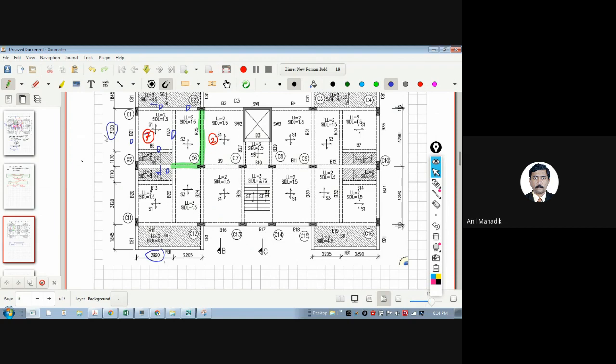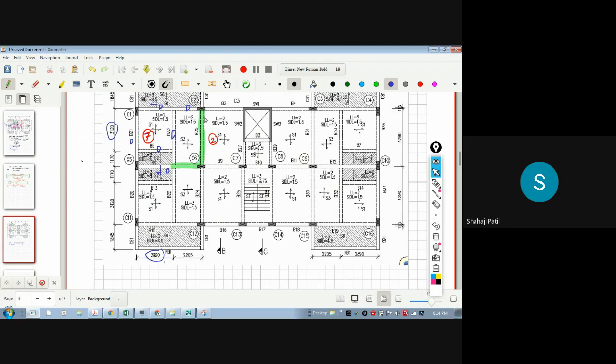Assuming continuity, you should be 100% sure that it is continuous. In this case, I'm not sure that within this zone I can continue the steel. So it is a partial continuity, half slab and half is different. So in that case, safer approach is to assume the discontinuous. Safer approach.